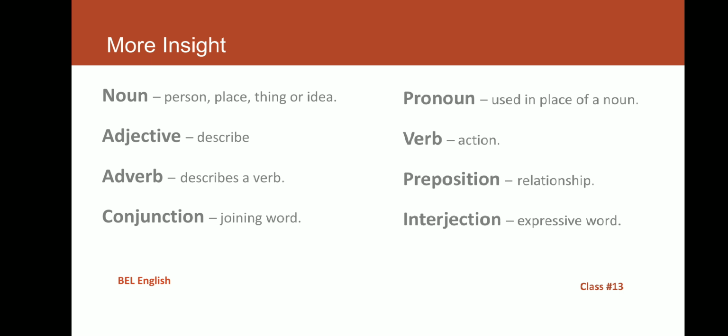So the description is an adjective, and then a verb is an action. Running, run, speak, go, come, eat, play, live: everything deals with verbs. Put in a sentence: I studied yesterday in order to appear for the exam today.